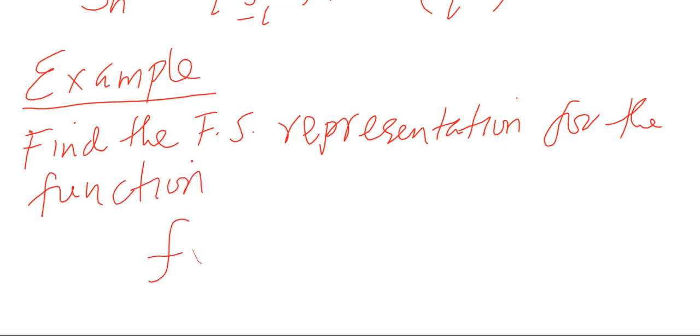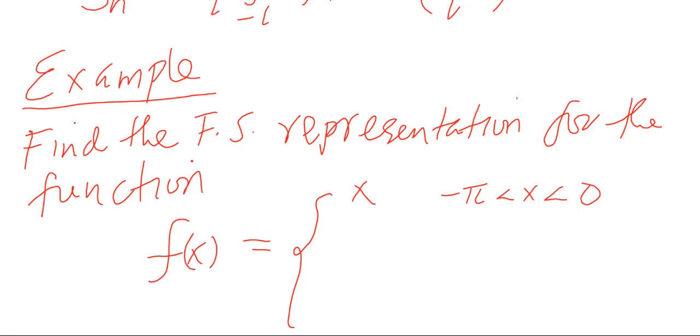The function is given as f of x equals x. The function is defined by x in the region between minus pi less than x less than 0. The function is defined by 2 minus x in the interval between 0 and pi.